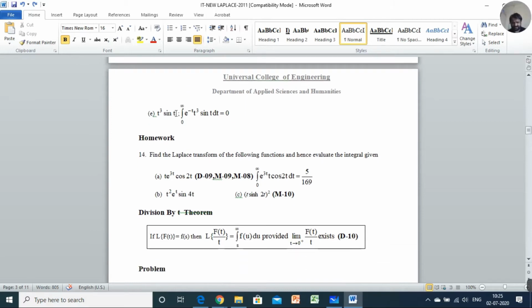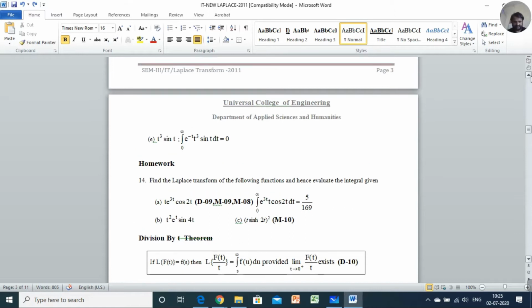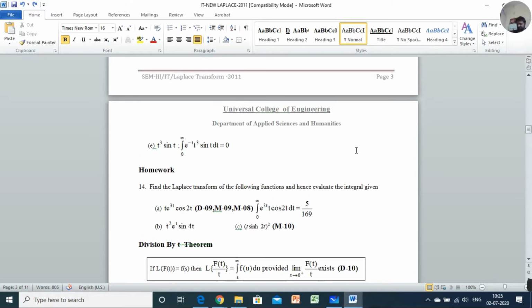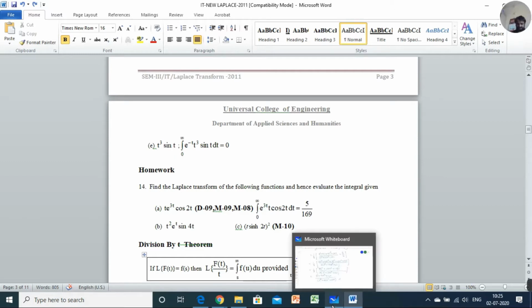The result is given as 0, so you can solve it easily. Even this question belongs to 0 to infinity, but here you must write e raised to minus 3t. I created this in 2011 and just want to upgrade these things. So the question is the integral 0 to infinity of e raised to minus t t cube sine t.